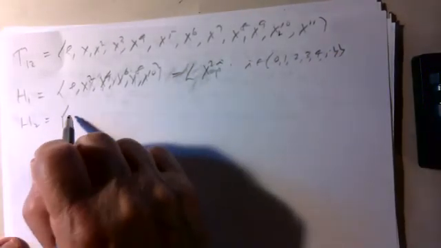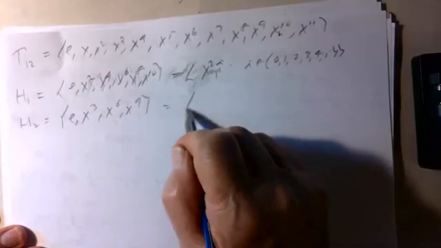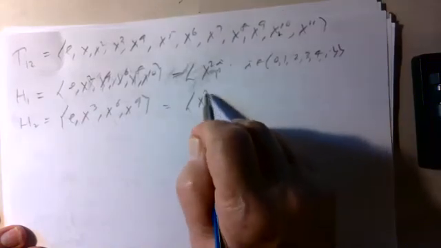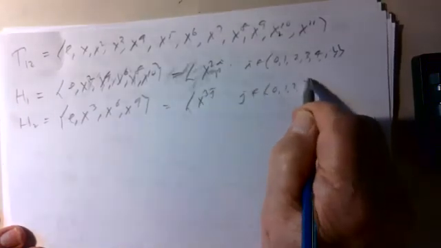That's a subgroup. Suppose I take the powers of X cubed. So this is the subgroup X to the 3j, j equals 0, 1, 2, or 3.